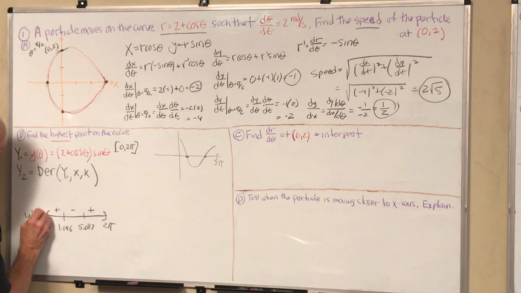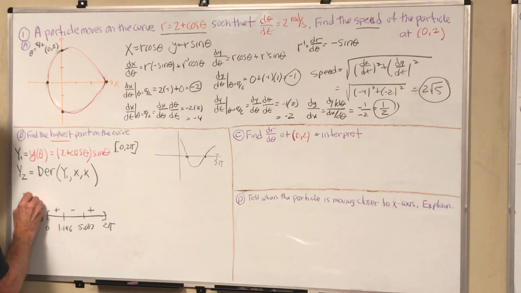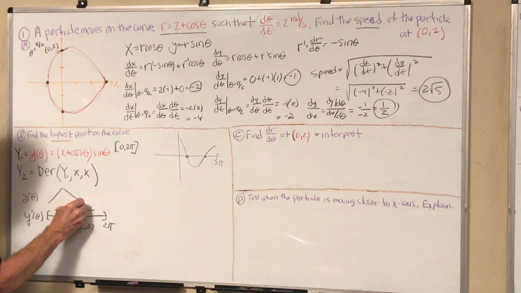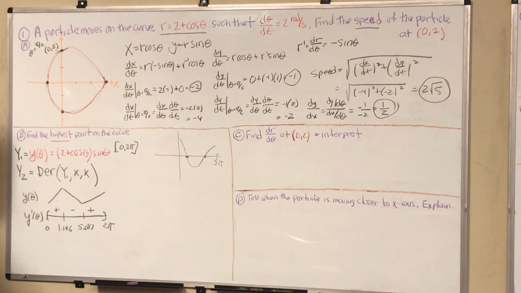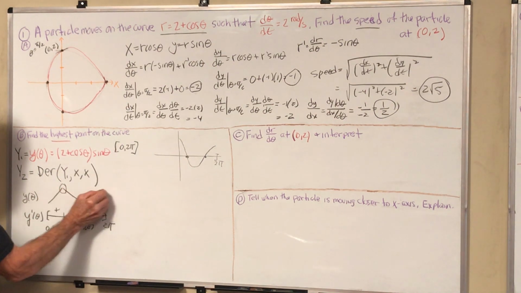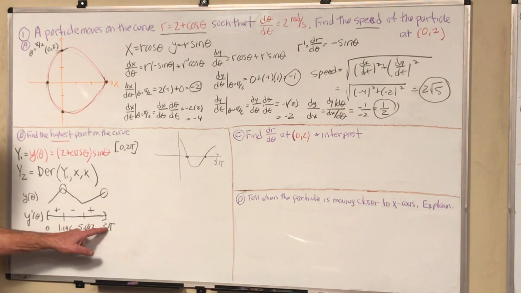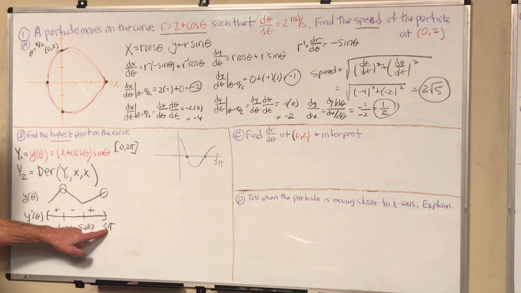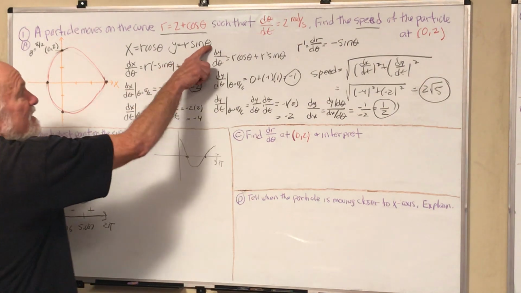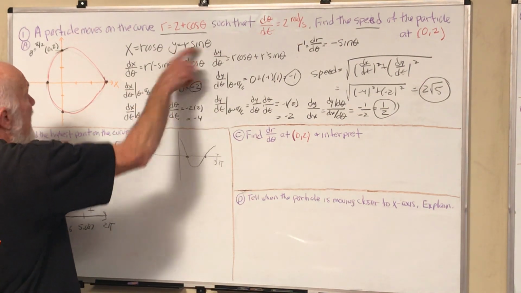So what I can see, this is y prime of theta. So now I know what y of theta is doing in this whole trip. It's going up, then it's going down, and then it goes back up. So the highest point, the biggest value of y, has to happen at one of those 2 places. And I kind of already know at 2 pi, the sine of 2 pi is 0, so y is going to be 0.